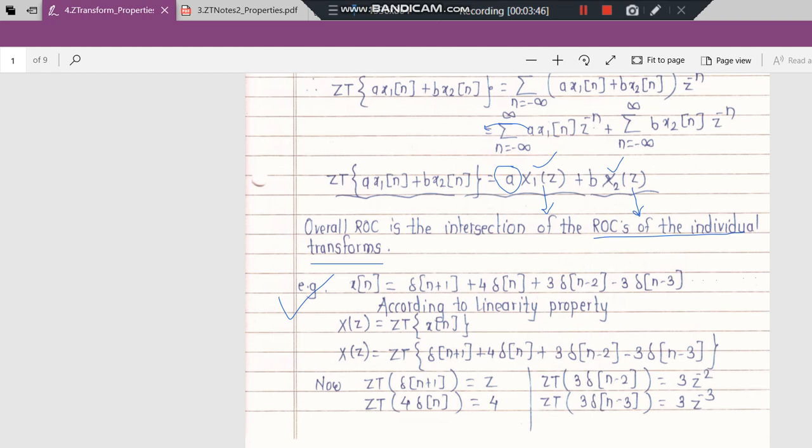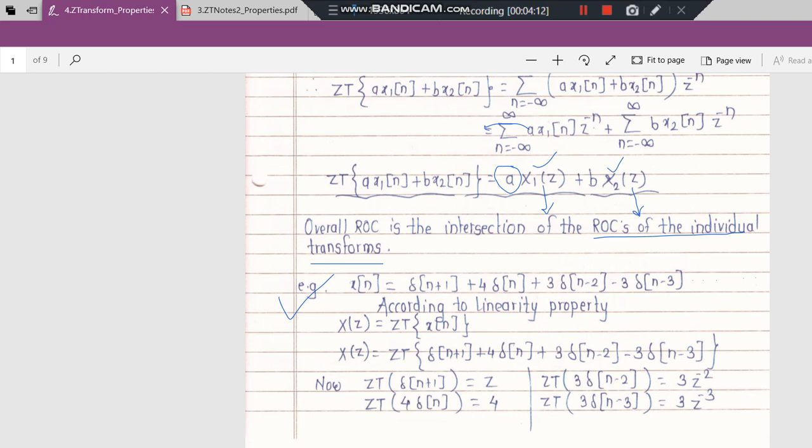Now how to find out the Z transform of this linear combination of signals? We can go with the linearity property. What does the linearity property state? It states that the Z transform of the linear combination of signals will be just the linear combination of their Z transforms. So let us first find out the individual Z transforms.